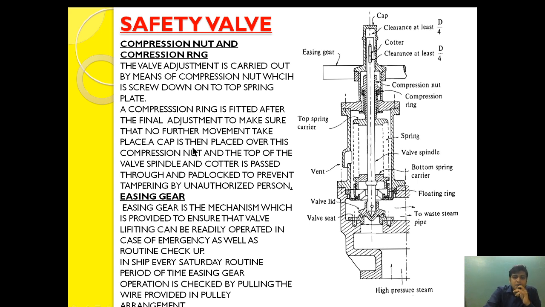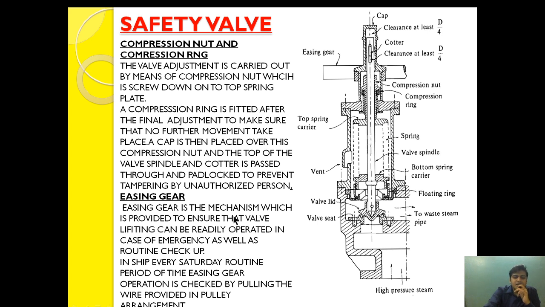A cap is then placed over the compression nut and the top of the valve spindle, and a quarter pin is passed through it and padlocked to prevent any tampering by an unauthorized person. So after the compression of the spring is set, with the help of a quarter pin and padlock arrangement, the safety valve set pressure is locked to prevent tampering by unauthorized persons.